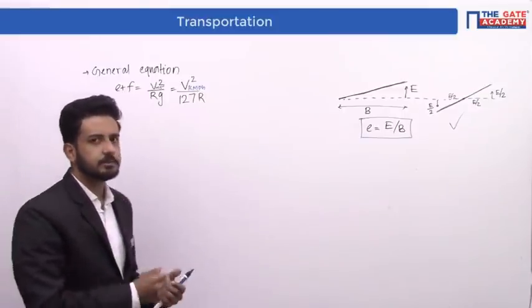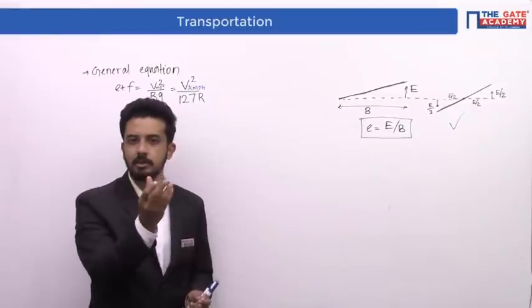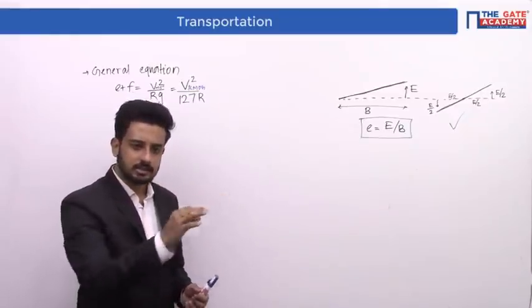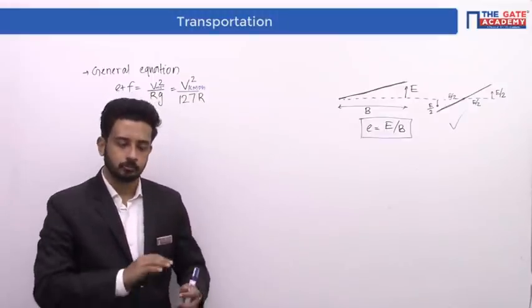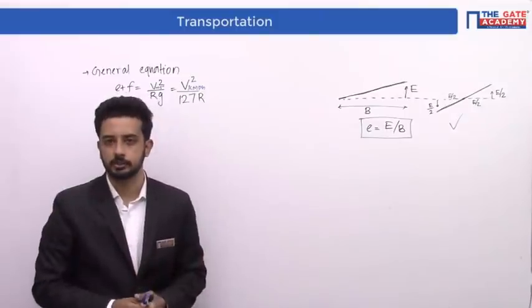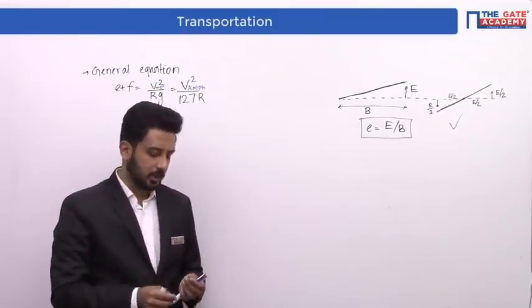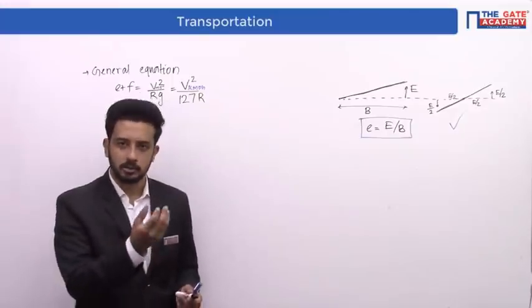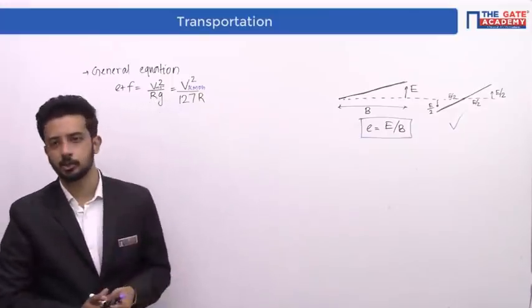Sometimes they will just twist the question. They will use some technical terms so that the equation will get some modification. I will tell you what those modifications are and when we have to apply them in the general equation.